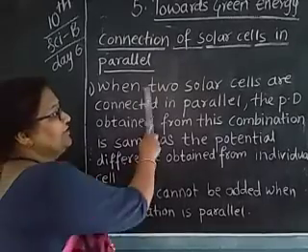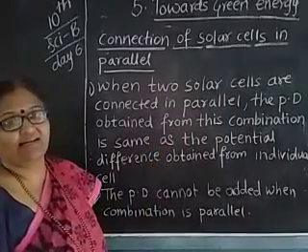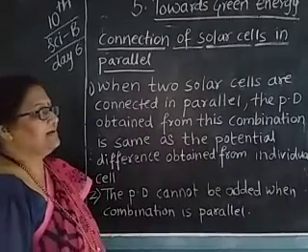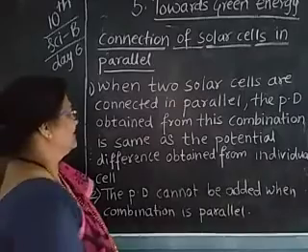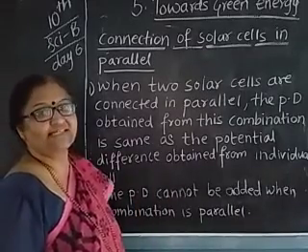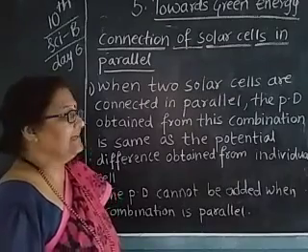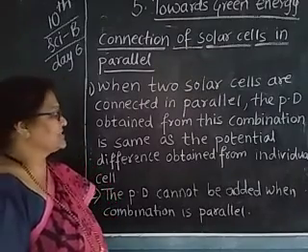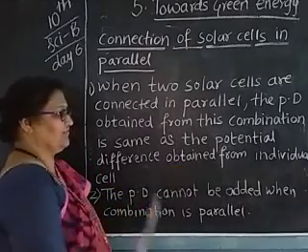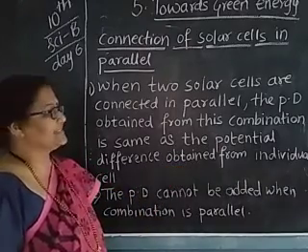When two solar cells are connected in parallel, the PD obtained from this combination is the same as the potential difference obtained from the individual cells.